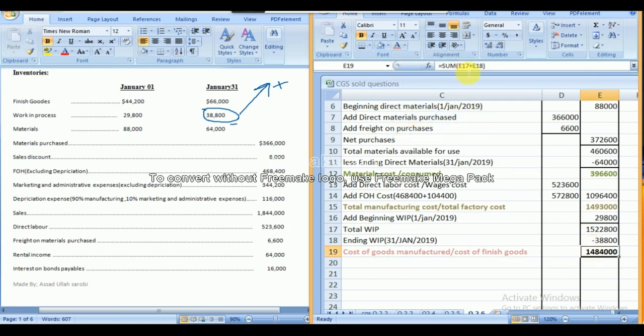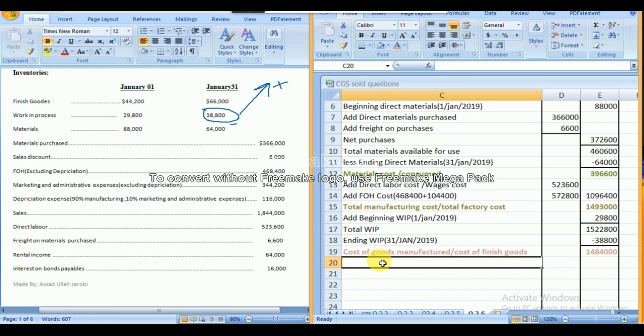This is the production of the current month, January. It means that in the month of January we produced 14,84,000 finished goods. Clear now? Look at it.